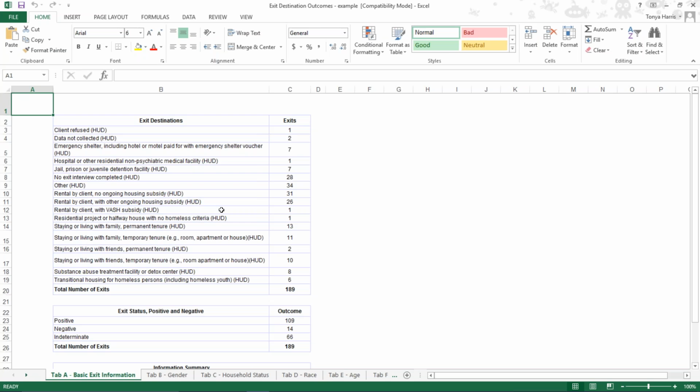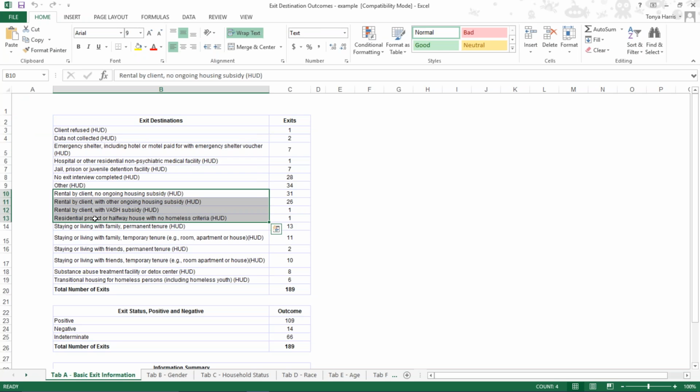And you also have to realize that when you're looking at this report, which project are you looking at it for? Because if you have an emergency shelter, you very well could have a large number of negative outcomes, because we know that with emergency shelter clients, they sometimes disappear on us, and so their exit destination is unknown. But if this particular report was run for a rapid rehousing program, we would want all of our clients in these permanent destinations.